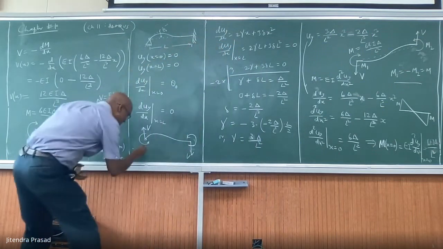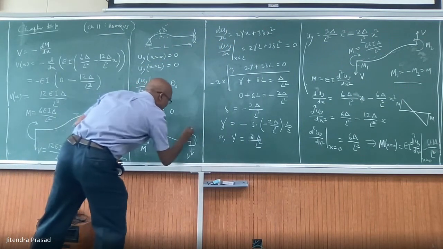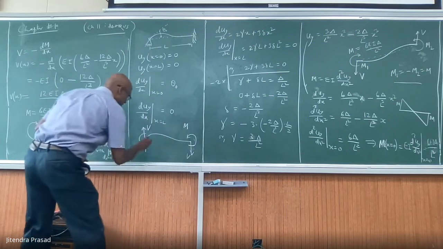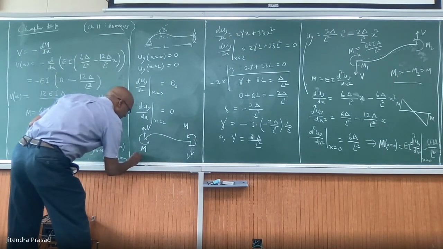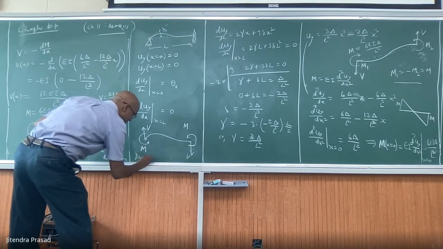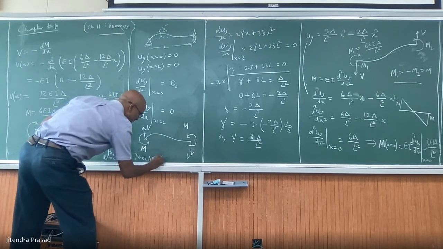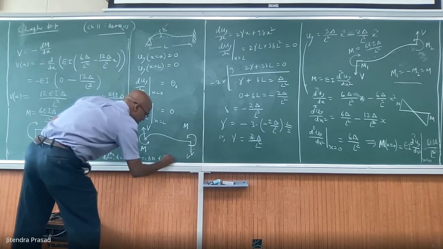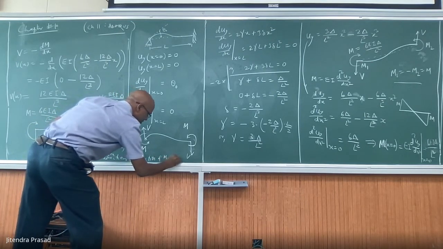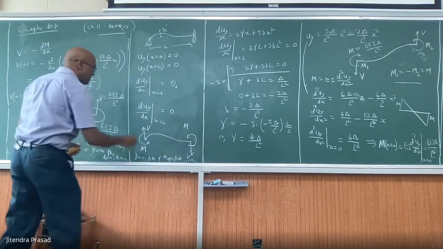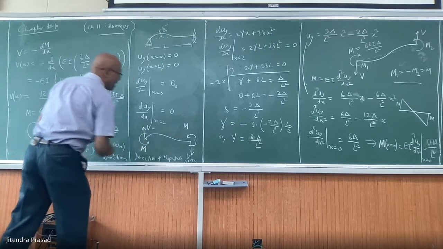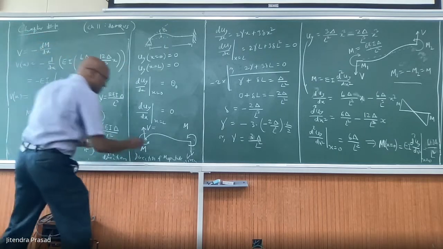Now we have M here. We will have some M here. So in absolute sense, the direction as given, direction and magnitude, both are correct, right? And what is V? You can verify.